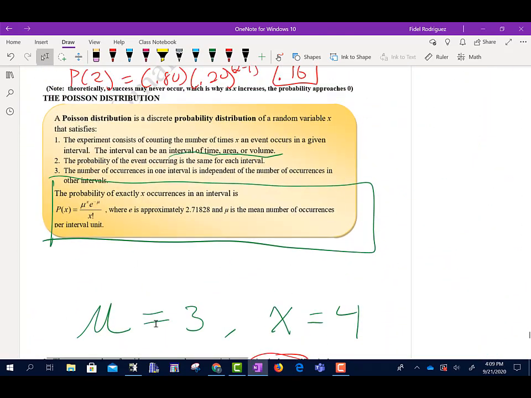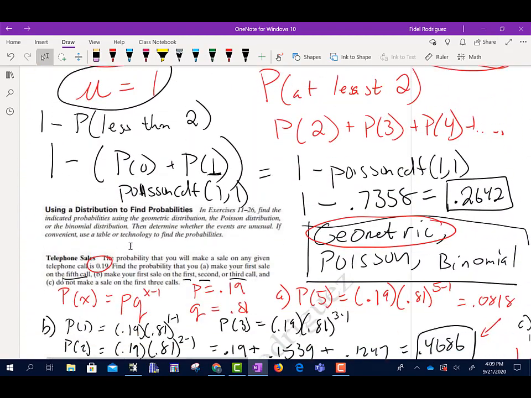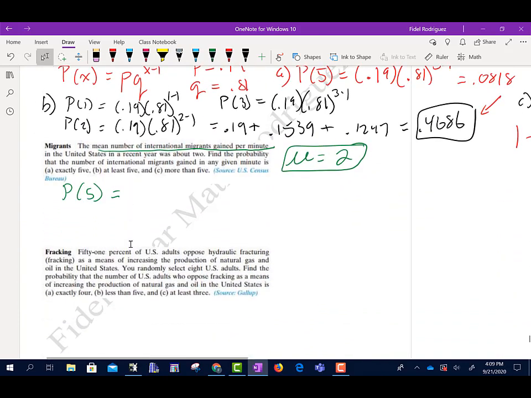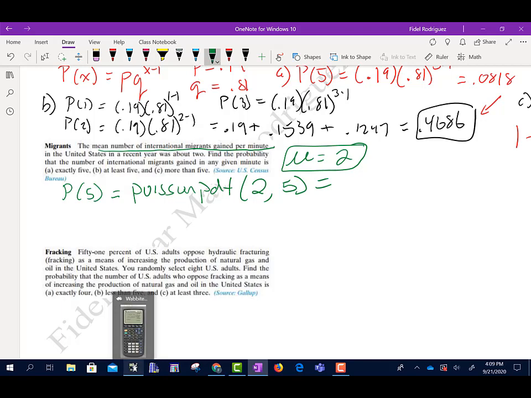When we have an average over an interval of time, area, or volume, this is going to be Poisson. So we know our mean is 2, and in part A, x is going to be 5. I'm going to go Poisson PDF with mu being 2 and x being 5.